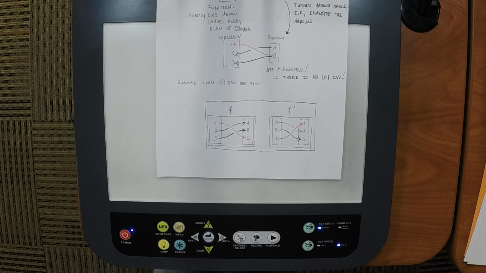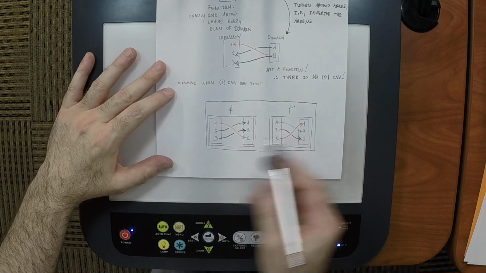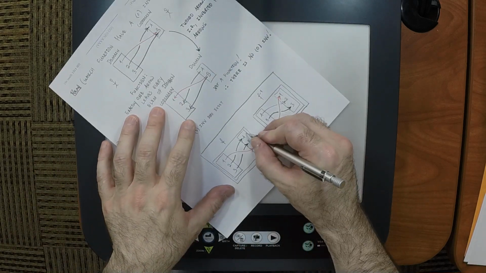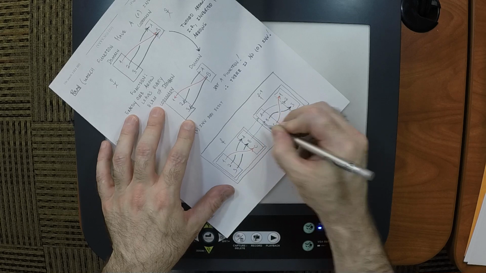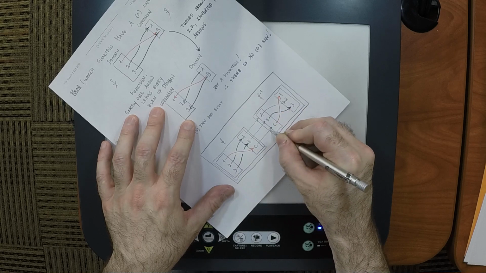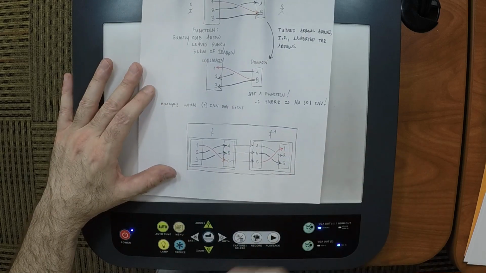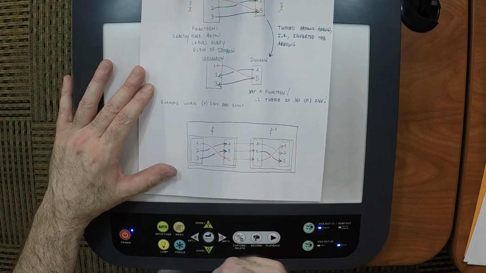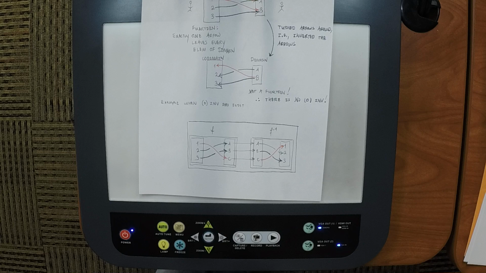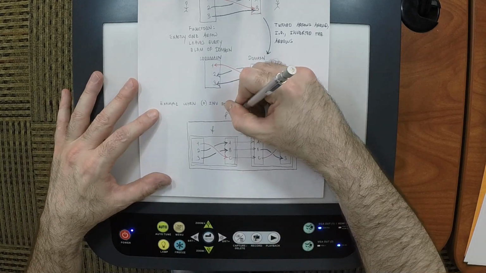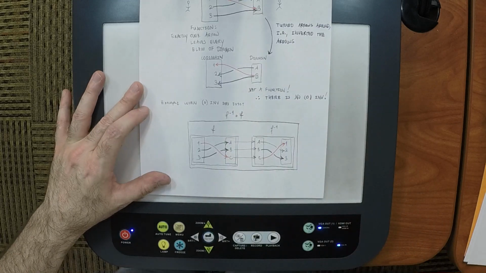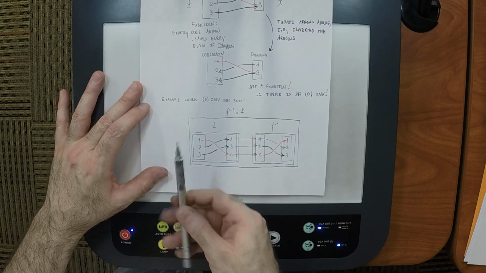And to indicate that I'm composing, I'm going to say this A is connected to that A, this B to that B, and this C to that C. Well, the name of this loud monstrosity that we've built here is F inverse composed with F.